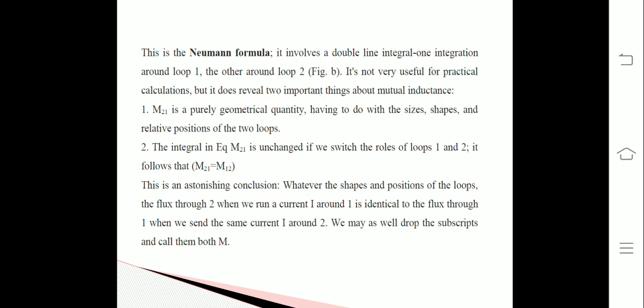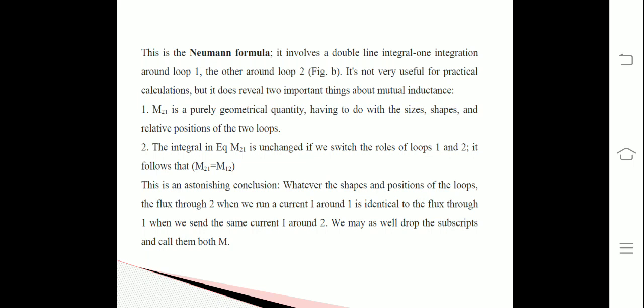This is an astonishing conclusion. Whatever the shapes and positions of the loops, the flux through loop 2 when we run a current I around loop 1 is identical to the flux through loop 1 when we send the same current I around loop 2.